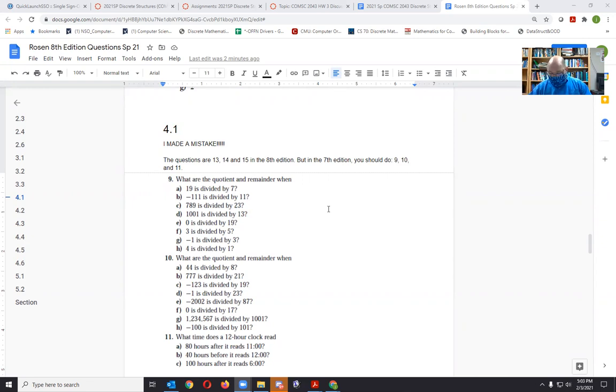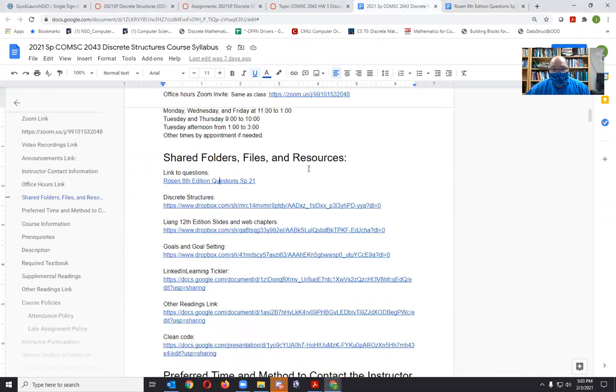And let me see if I screwed up the back of the book right quick.